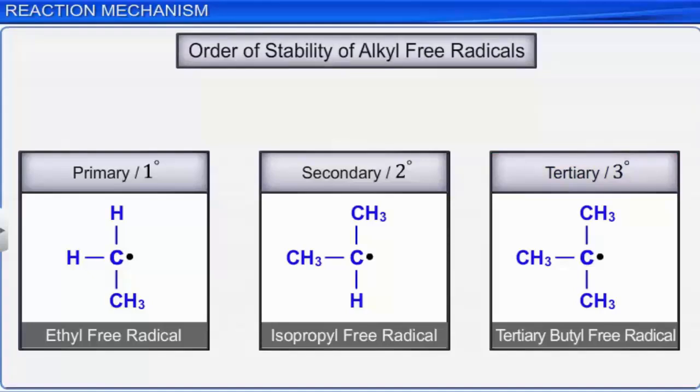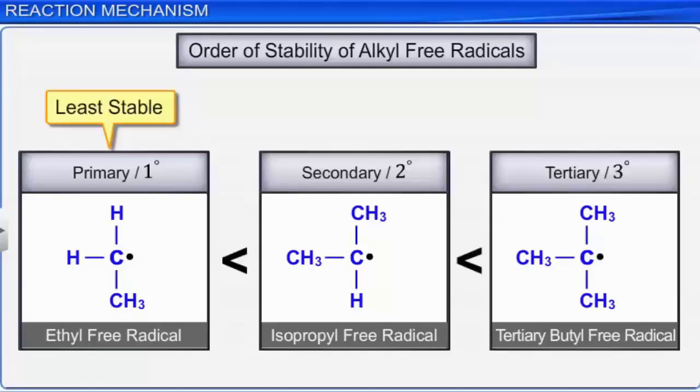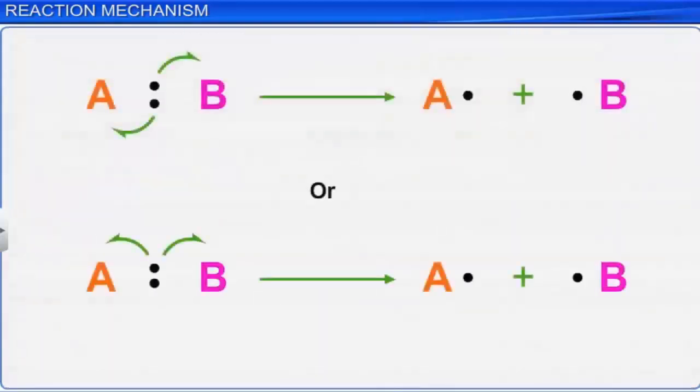Hence, primary alkyl radicals are the least stable, while tertiary radicals are the most stable. The organic reactions preceded by homolytic fission producing free radicals are called free radical or homopolar or non-polar reactions.